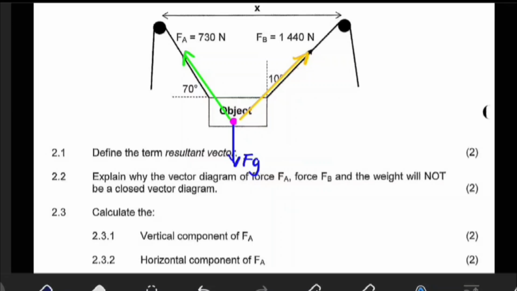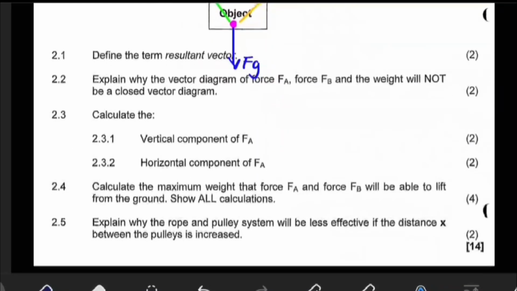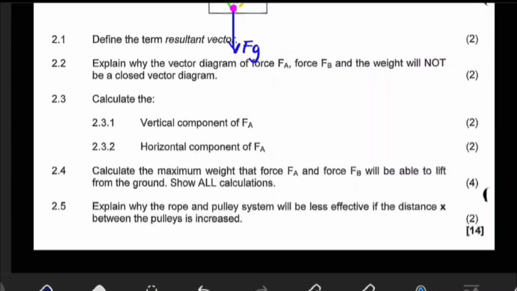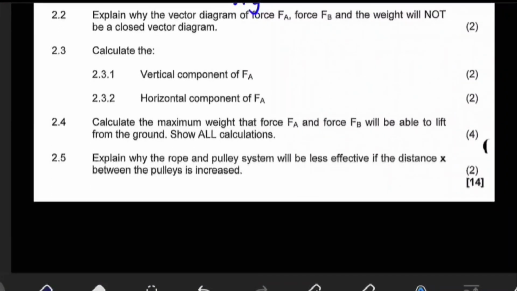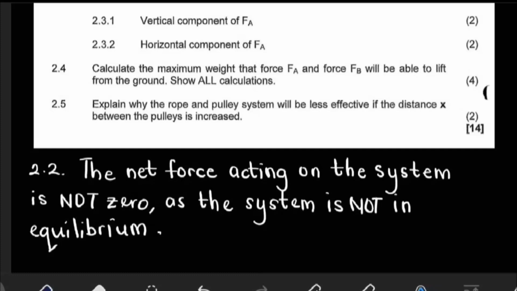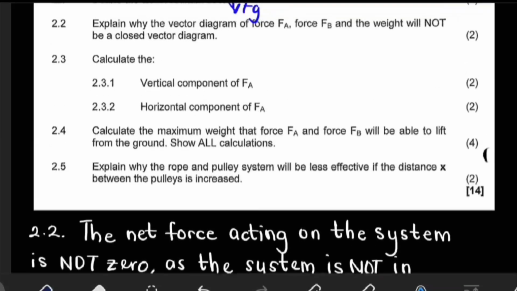You can say that the net force acting on the object is not 0. You can say that the system is not in equilibrium. I would actually state both since it is 2 marks. Okay, so I'm going to say, here we have it, the net force acting on the system is not 0 as the system is not in equilibrium.